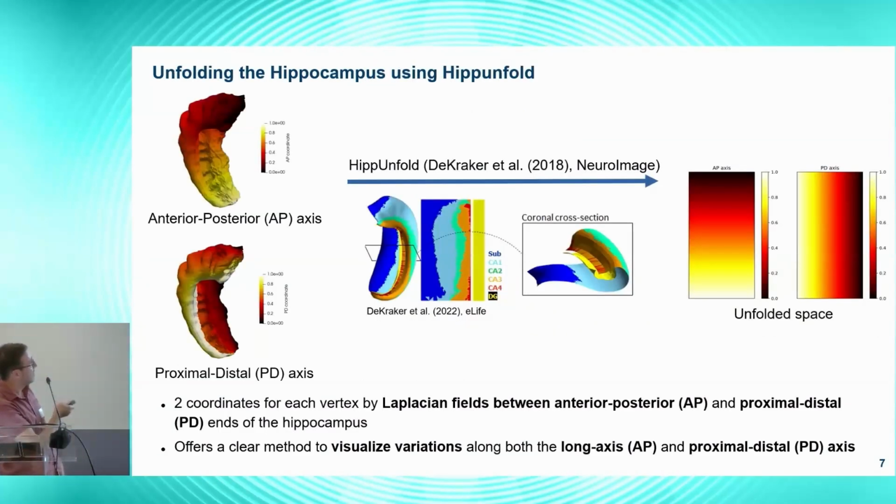And based on these surfaces, we could use the HIP unfold framework that Jordan has already talked about and has developed to unfold the whole hippocampus voxel data into a canonical space, which can be described along these anatomical axes and can be nicely evaluated and compared also to data from other brains in a coherent fashion.